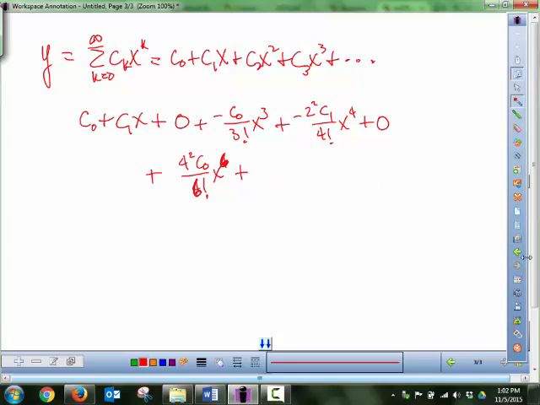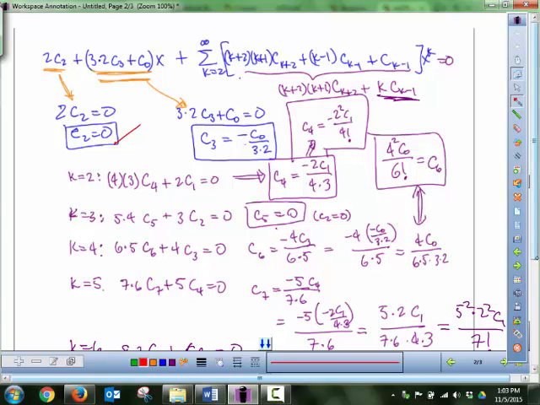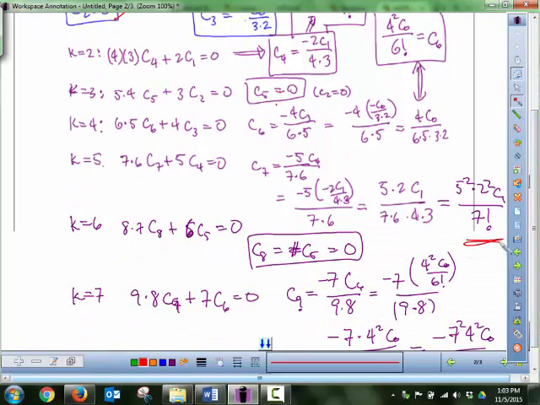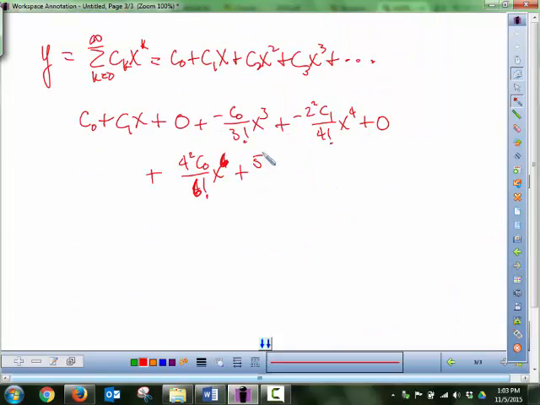C sub 7, we just got 5 squared times 2 squared c sub 1 divided by 7 factorial. Positive? Positive. So 5 squared times 2 squared c sub 1 divided by 7 factorial, x to the 7th.